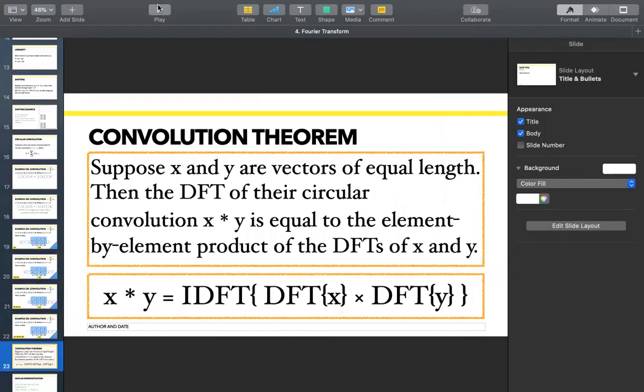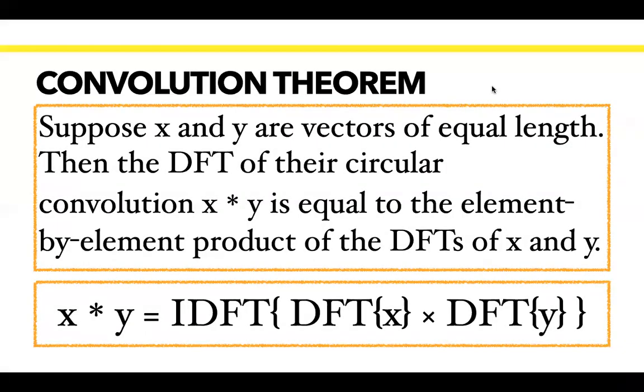Let's talk about the convolution theorem. Suppose that x and y are vectors of equal length, then the DFT of their circular convolution, x convolved with y, is equal to the element by element product of the DFTs of x and y. I find it easier to think about this mathematically.